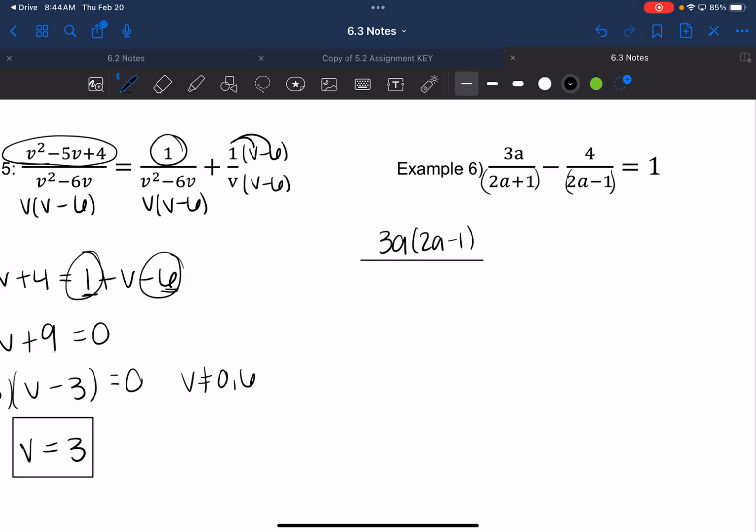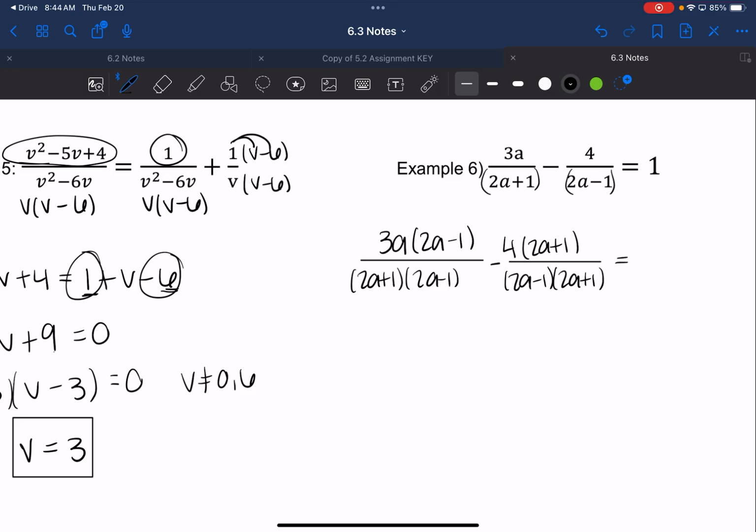All over that common denominator of 2a plus 1, 2a minus 1, minus, this next one would need to be multiplied by 2a plus 1. So all of this over that common denominator, 2a minus 1, 2a plus 1, equals 1.